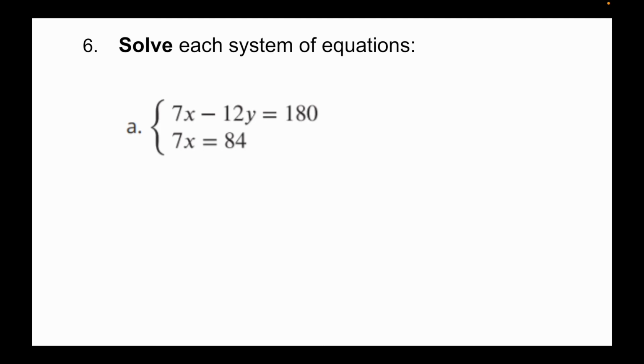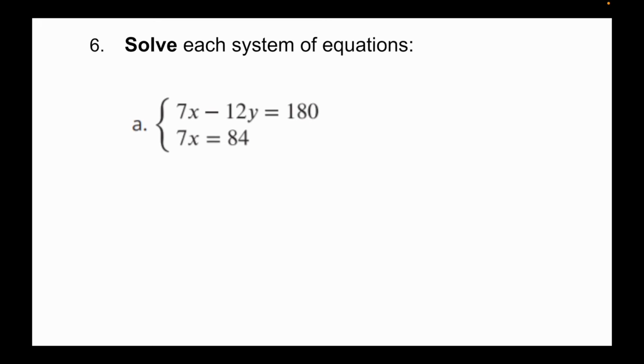Now this one is set up so that substitution can be really easy. I see 7x in both of these equations here. So I'm going to use this one that has 7x by itself and use 84 as the substitute for 7x.